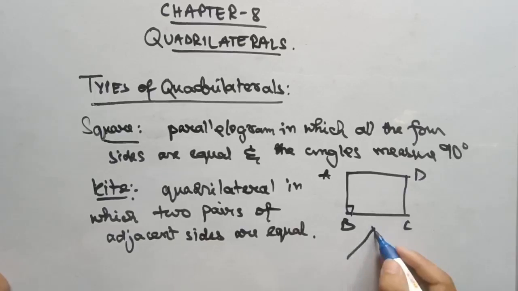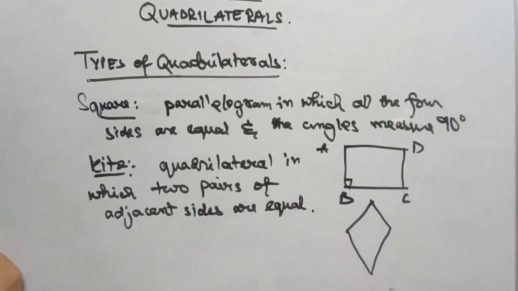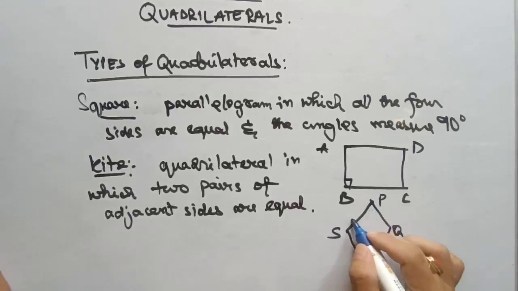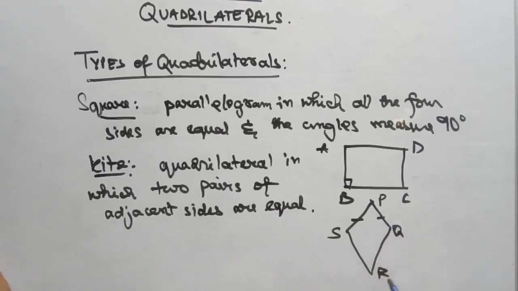Let me draw a kite. So PQRS is a kite in which two pairs of adjacent sides are equal. That is, side PS is equal to side PQ and side SR is equal to side QR. Such type of quadrilateral is known as kite.